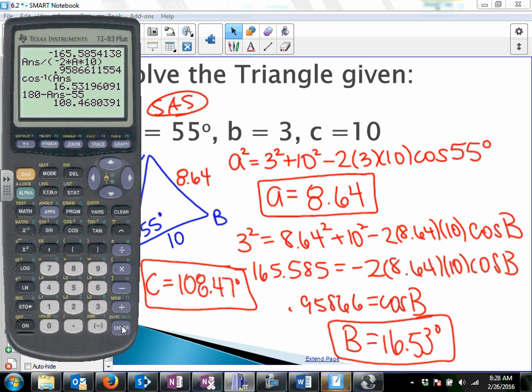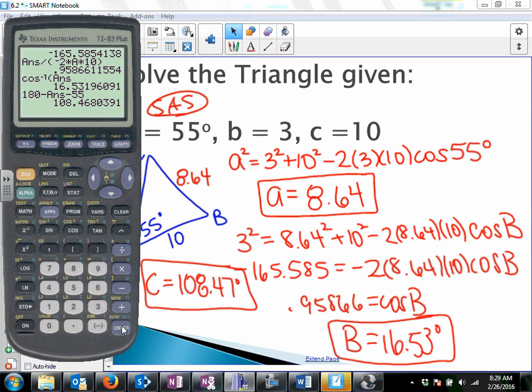Let me tell you what would have happened. If we would have used the law of sines, we would not have gotten the 108.47. We would have gotten the 81 point whatever, and we would have had to use the ambiguous case to get that right.